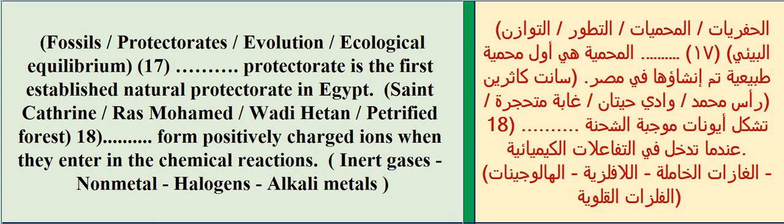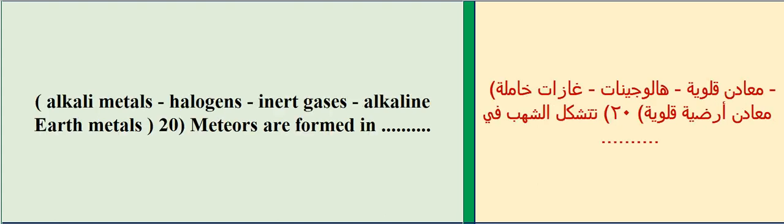18. Form positively charged ions when they enter in chemical reactions: inert gases, nonmetal, halogens, alkali metals. 19. The elements of group 17 are called alkali metals, halogens, inert gases, alkaline earth metals. 20.